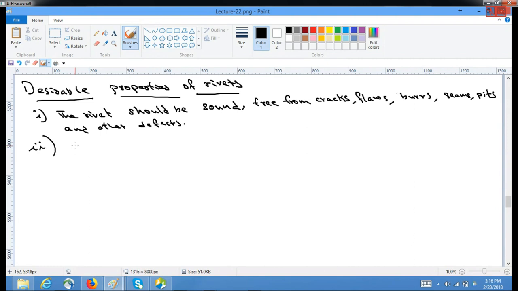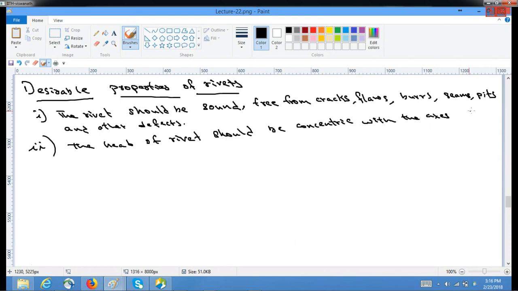Secondly, the head of rivet should be concentric with the axis of the shank.